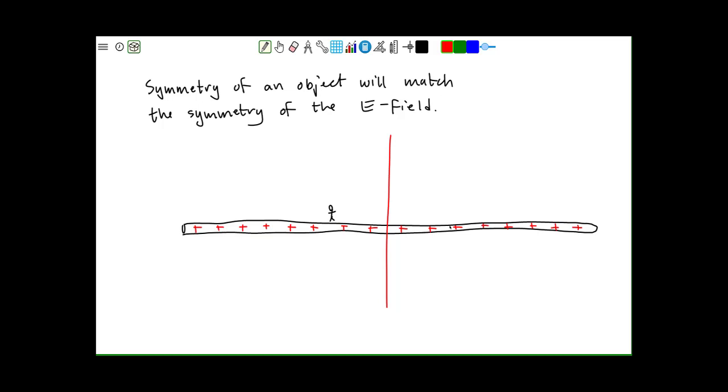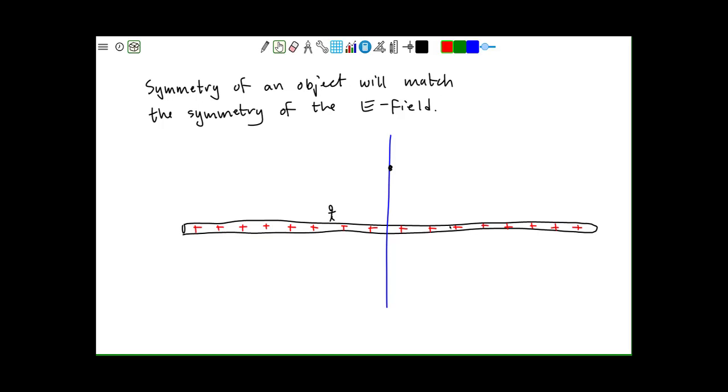Well, let's look at an electric field for a representative element of this very long wire. Let's look at a point right here and see what the electric field is for that point. I'm going to change the color of this central axis. We'll just make it blue.